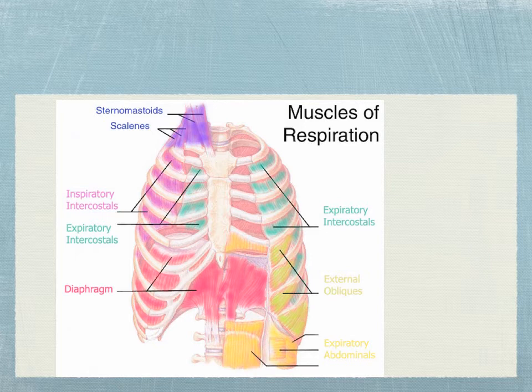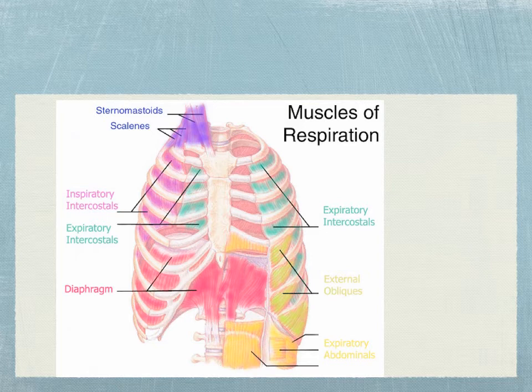And to accomplish this, when we inspire or bring air into our lungs, the diaphragm, which is a dome-shaped muscle in our abdomen, pulls down, and at the same time, the external intercostal muscles expand the rib cage and pull the sternum up and out, and that stretches the lungs and makes a larger thoracic cavity, and so we have decreased air pressure.